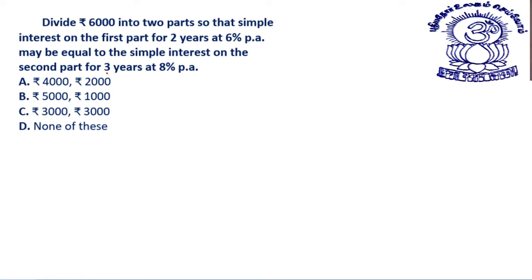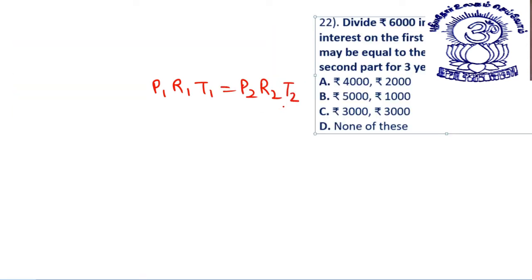Now again one more question, and it will be so easy to see. Divide rupees 6,000 into two parts so that the simple interest on the first part for 2 years at 6% per annum may be equal to the simple interest on the second part for 3 years at 8% per annum. What have we discussed? In such sort of question, what we will be doing? P1 R1 T1 is equal to P2 R2 T2.